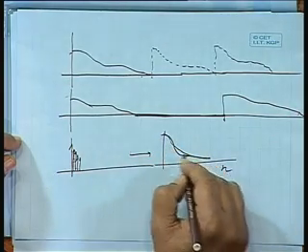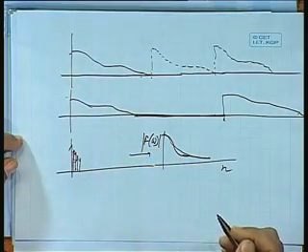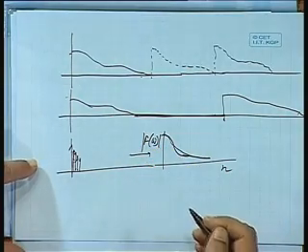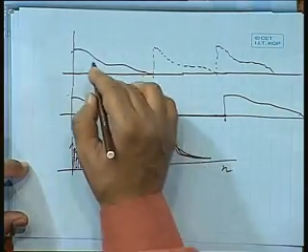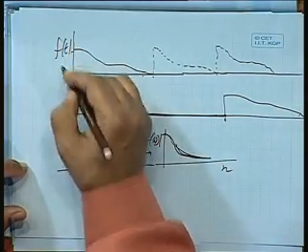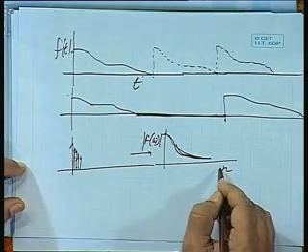If these components come very, very close to each other, then they will generate a continuous function like this.